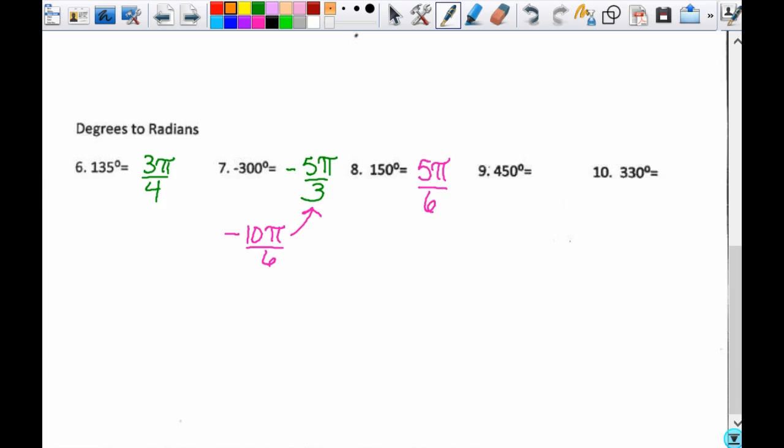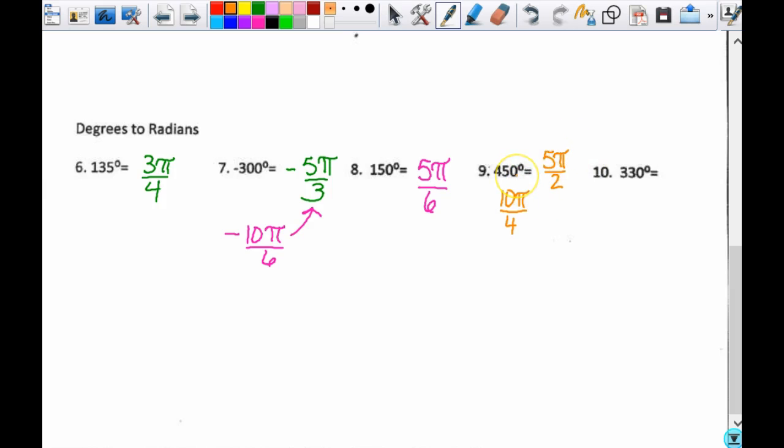Christy, what'd you get for 9? 5 pi over 2. Okay, what did you use as your divisor? 45. Okay, so when you did that, 45 goes in there 10 times, right? So you get 10 pi over 4 because that's what you almost said, right? Which that's fine. You got 10 pi over 4, which you know in the end then is 5 pi over 2, right? And when you divide, that's when you know, oh, okay, what could we have used to get this directly? 90.